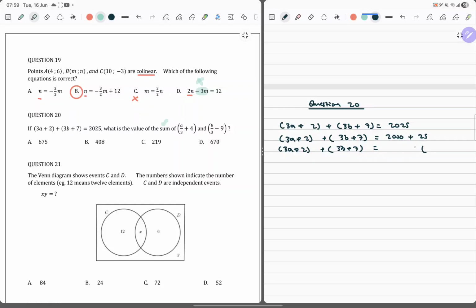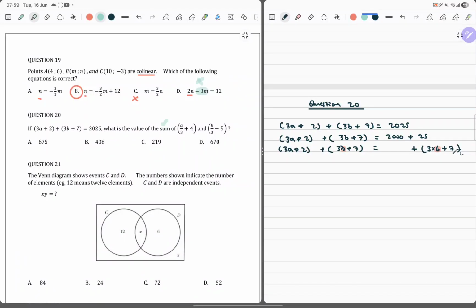Now let's leave this one. This one can be 3 times 6 plus 7. So you see, we try to write it like that. And 3 is the coefficient. So this means we are trying to say b must be equal to 6.